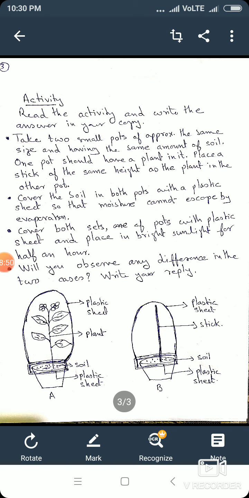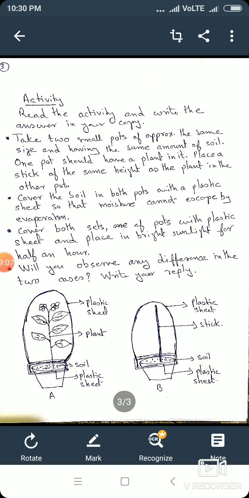One pot should have a plant in it. As you can see in the figure, in one pot there is a plant, and in the another pot we should place a stick of the same height as the plant.